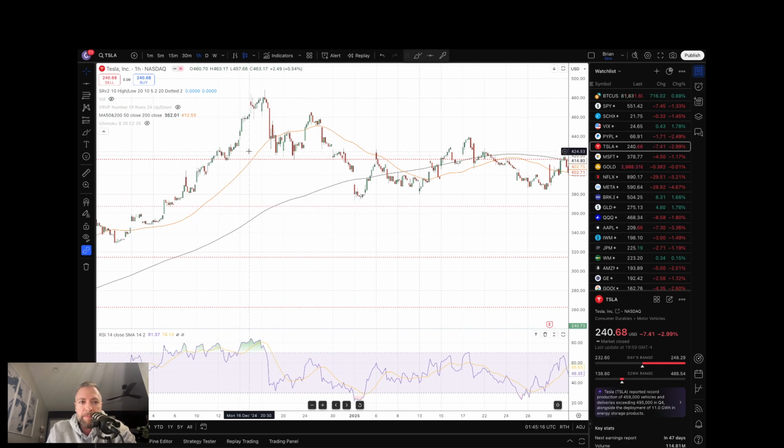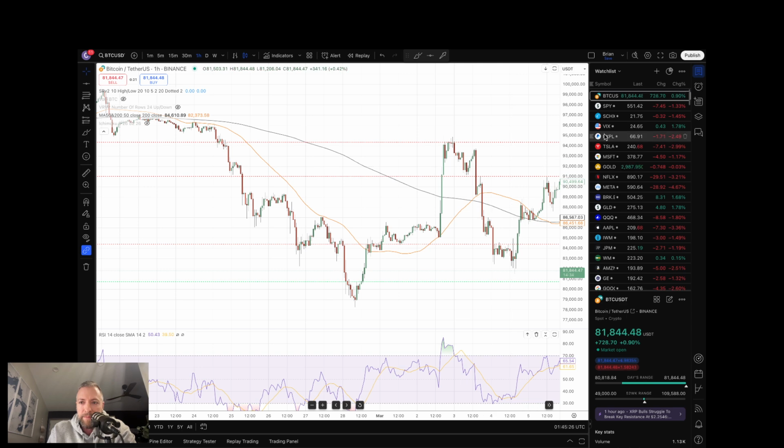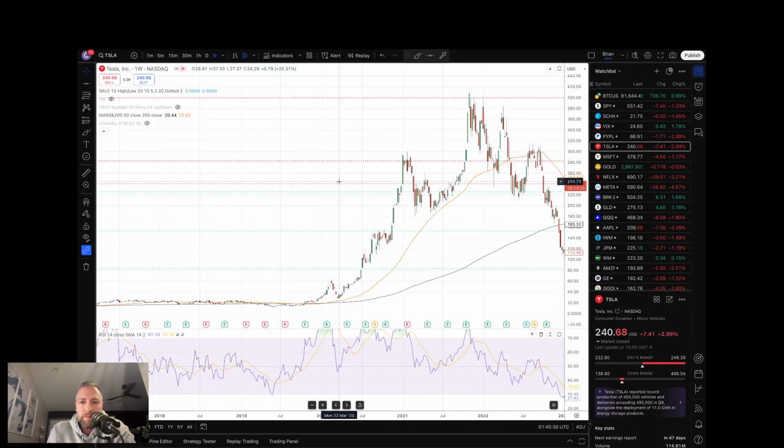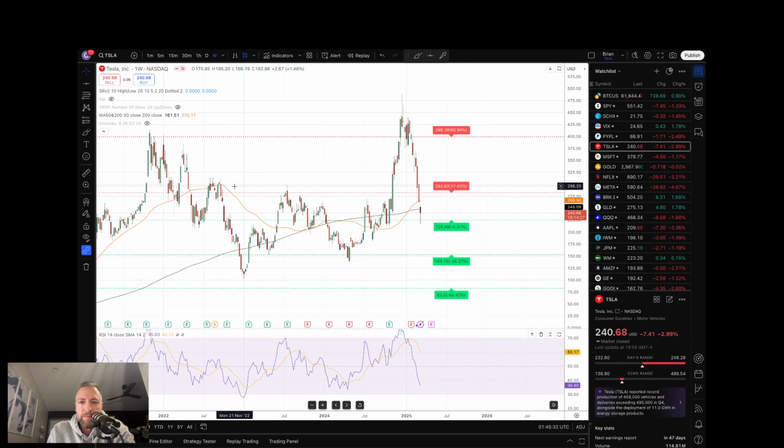Well, let's just do it right now. Okay, so the support and resistance lines, let's go to Tesla. Tesla on the weekly here.